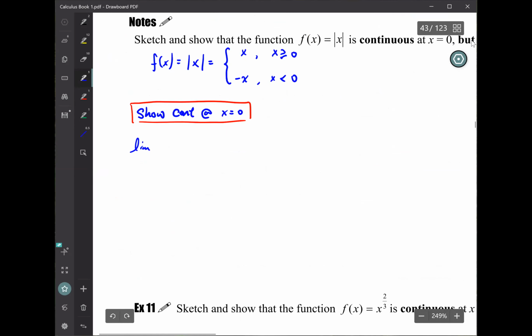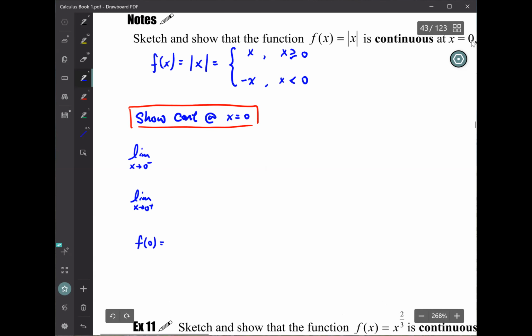We're checking 0: approaching 0 from the left, approaching 0 from the right, and f of 0. From here, you need to pick the pieces. Approaching 0 from the left, which piece should we pick? Leon. Negative x. Okay, and then the answer should be what?